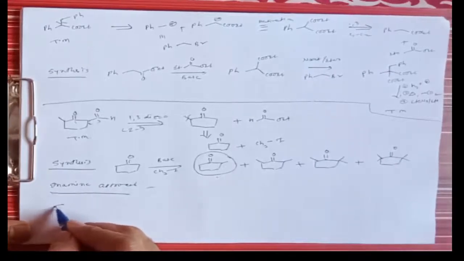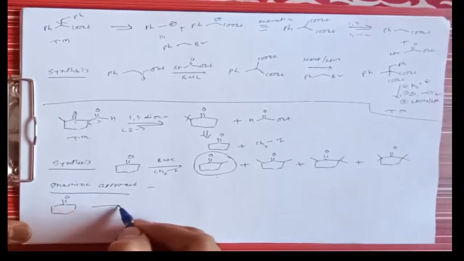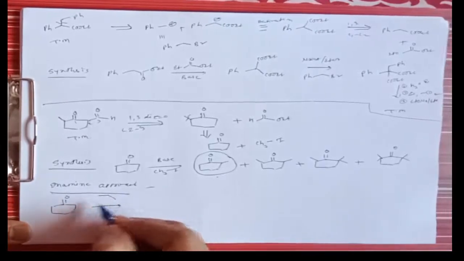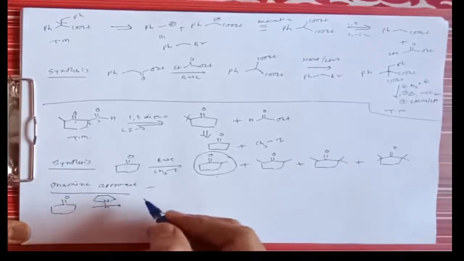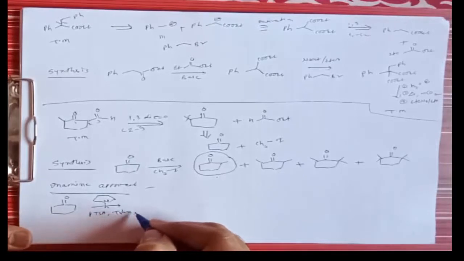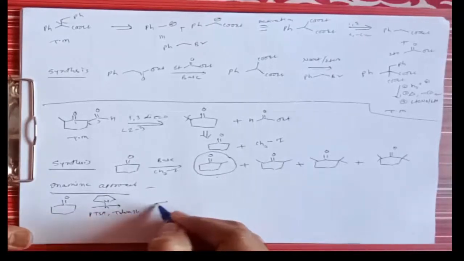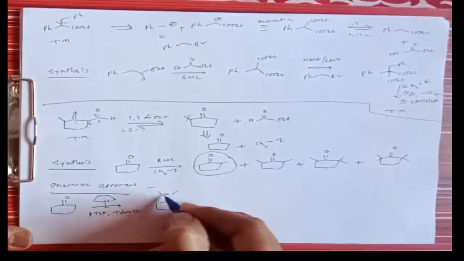So for that we have to take this cyclohexanone and treat it with pyrrolidine, then in presence of PTSA and toluene reflux, it gives formation of the enamine, right? So this is the formation of enamine.